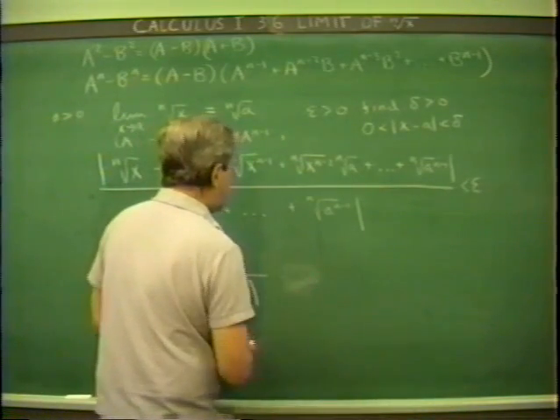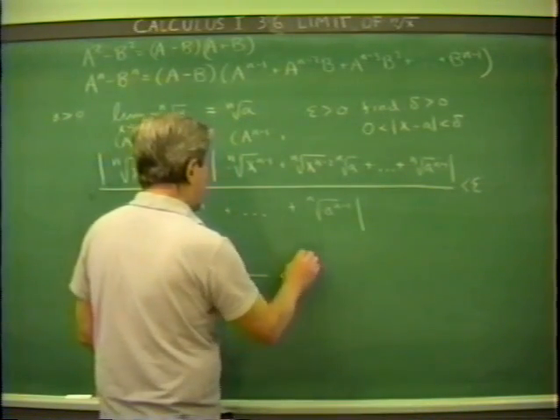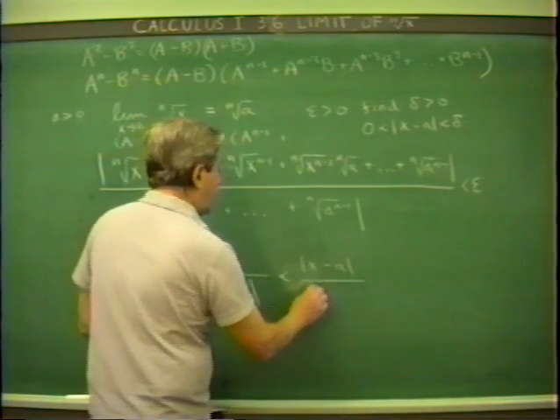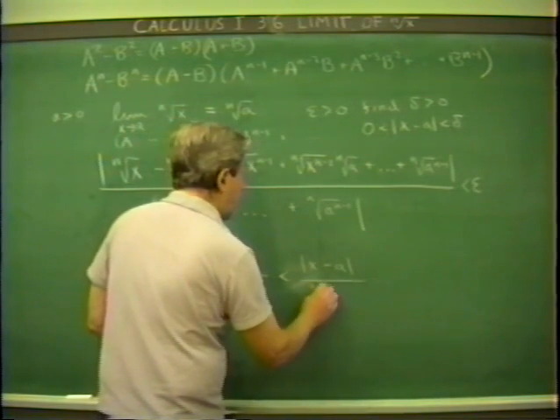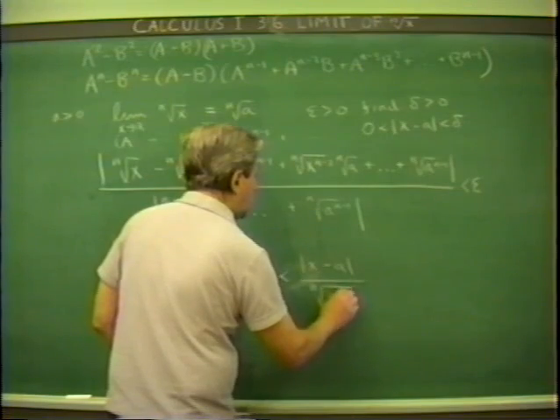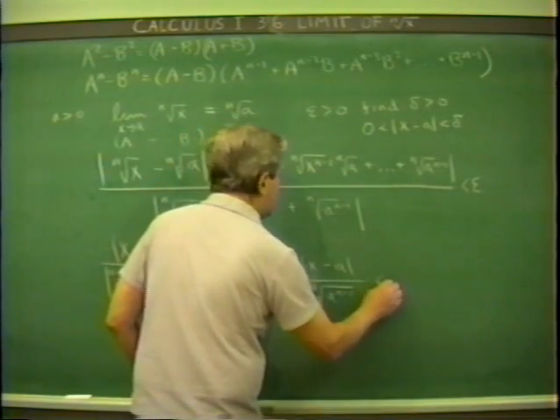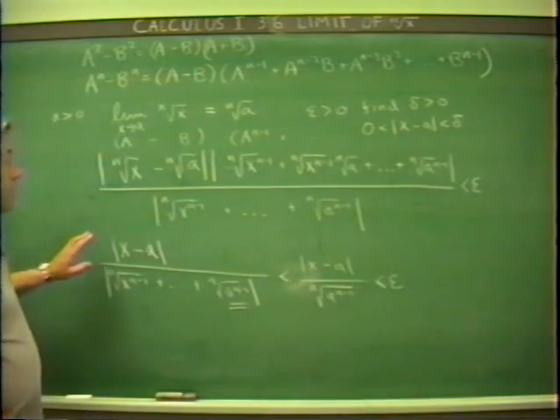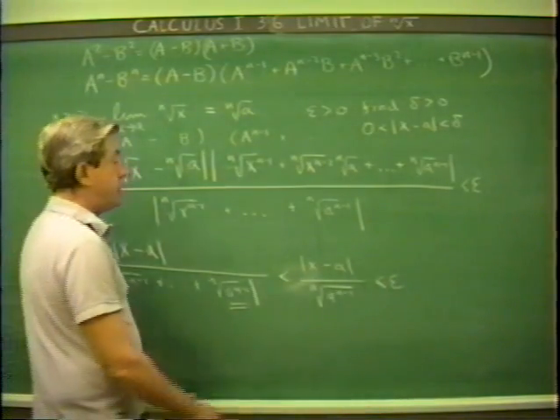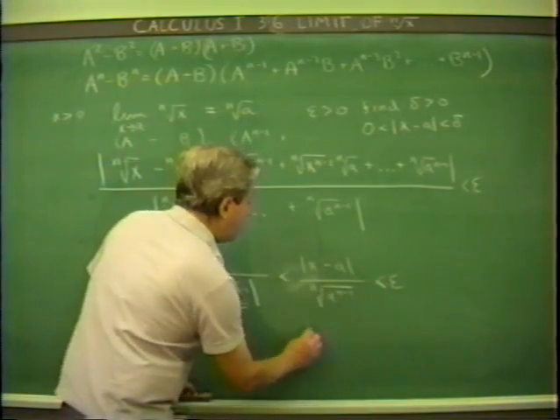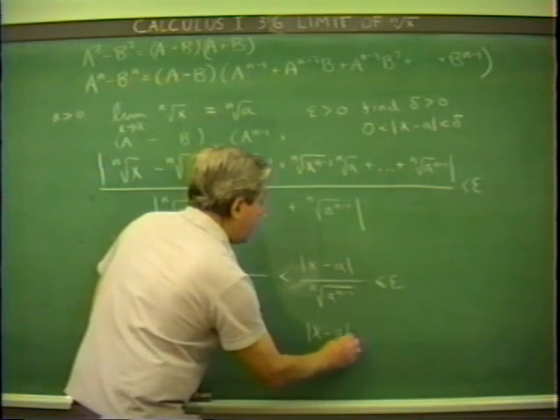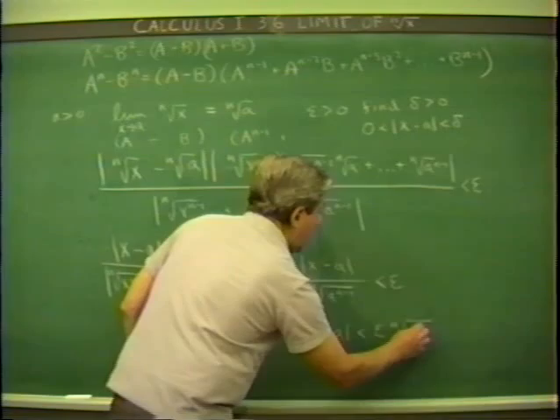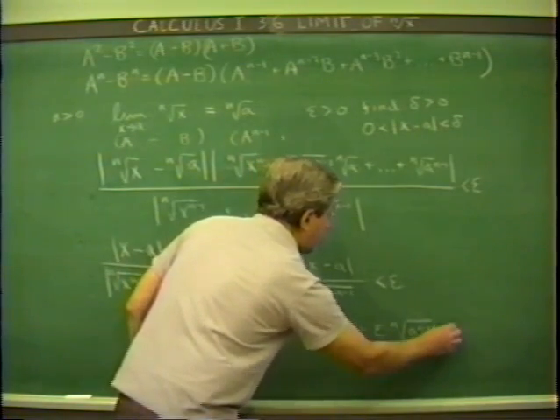Now we're going to use this epsilon, and given delta 1, there is a delta so that the absolute value of x minus a less than delta implies the absolute value of g of x minus m is less than delta 1. Then the absolute value of f of g of x minus f of m is less than epsilon whenever this occurs.